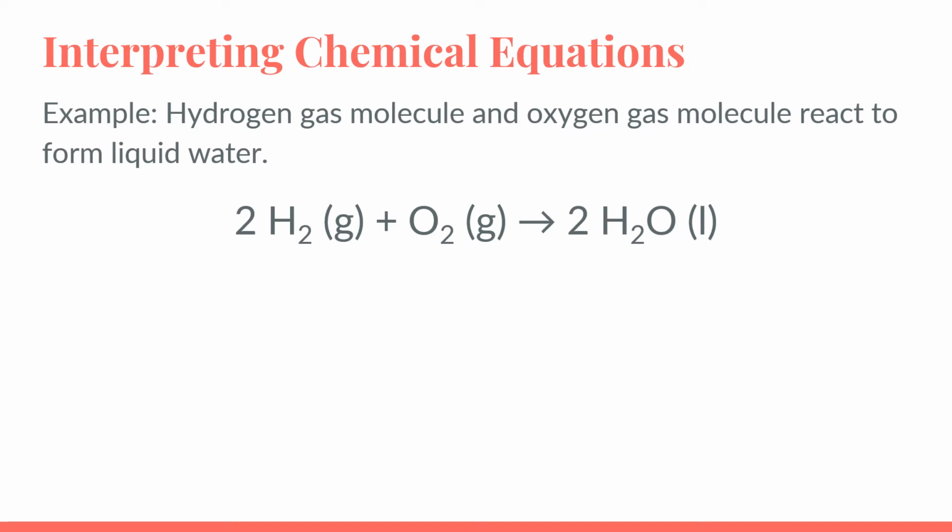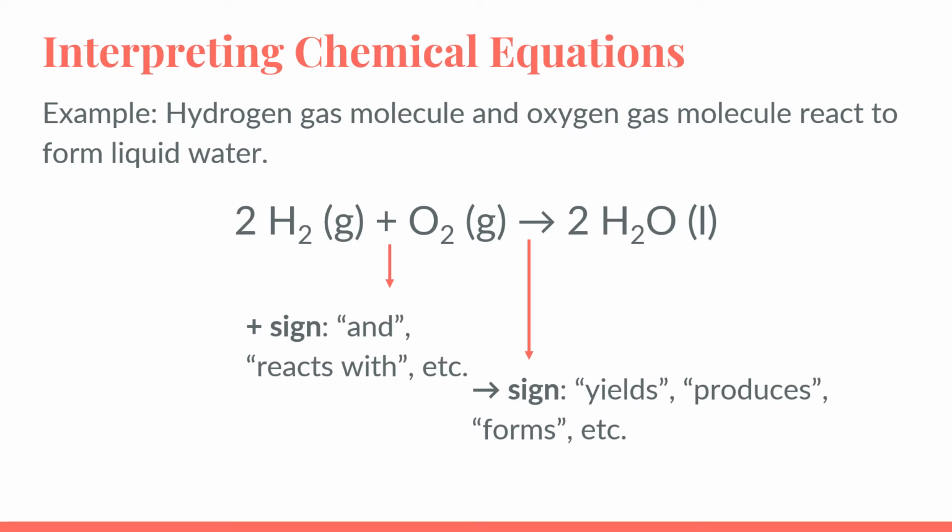On top of that, there are some symbols in a chemical equation. Look, our little plus sign here, that just means these things are added together, right? It's just and. And then our little arrow here, this arrow means produces, right? And later on, we're going to use this arrow as a little dividing line between the reactants and products.